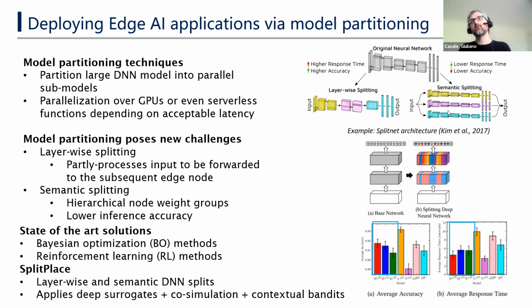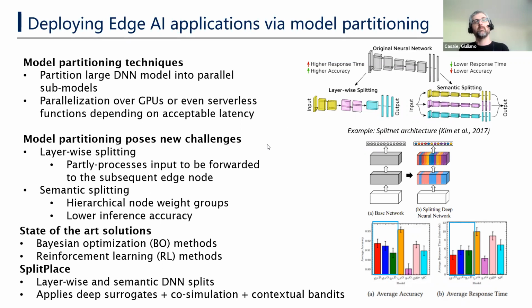But what you could do alternatively is to run in a resource all the layers, but just a subset of the neurons in each layer. And this is called semantic splitting. And the research has shown that there is a trade-off between the accuracy of the neural network and, say, the latency that you incur according to the style you choose.